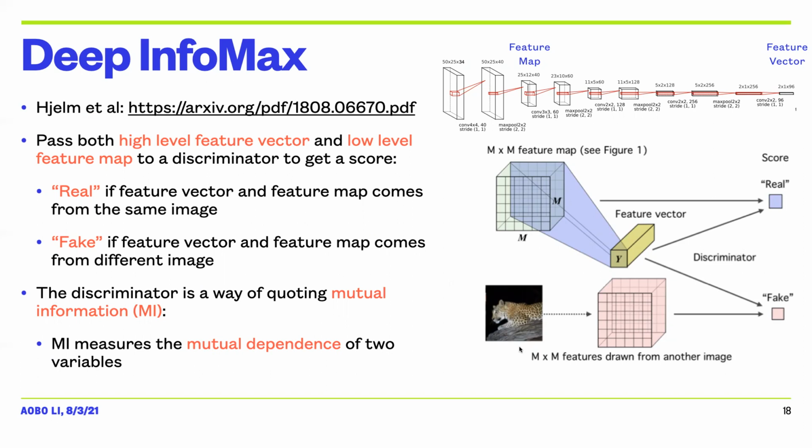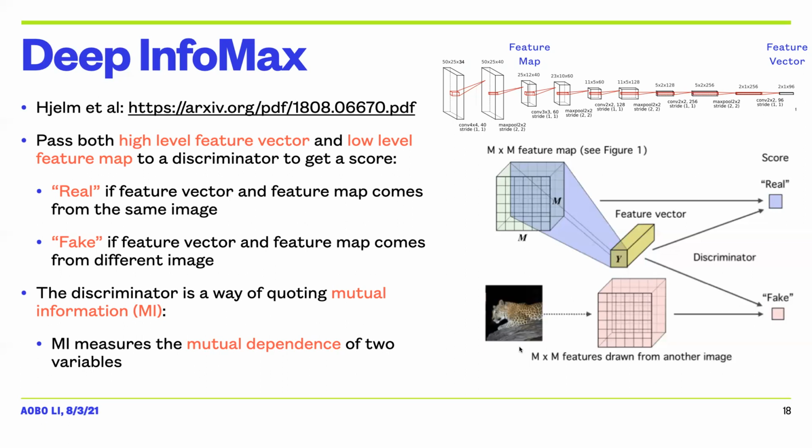Okay, but do you have the case where you have cat images mixed with cat images? Sure, that's possible. But in that case, we only have two possibilities: whether the two images are the same or whether the two images are different, because we don't know what they are. We don't have a label. So even if those two images are both of cats, they will be considered different images and therefore fake.